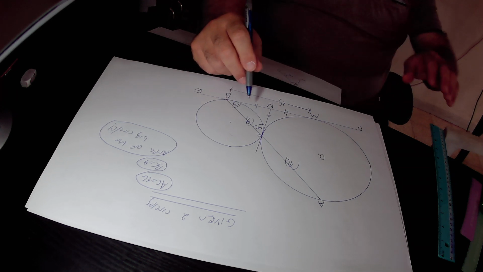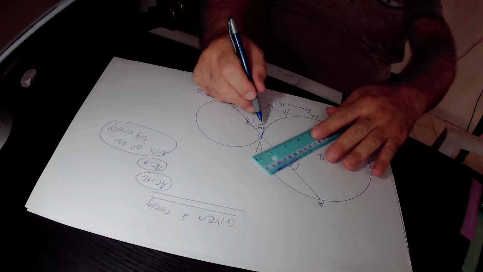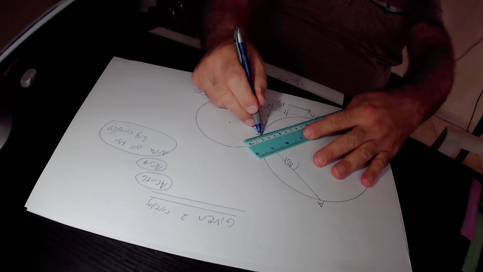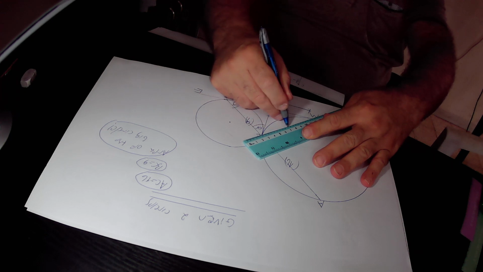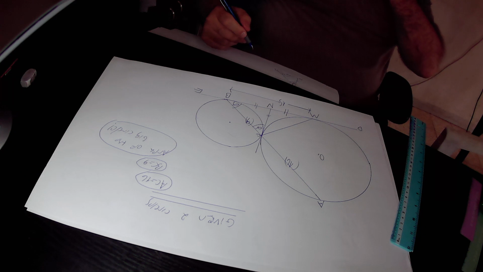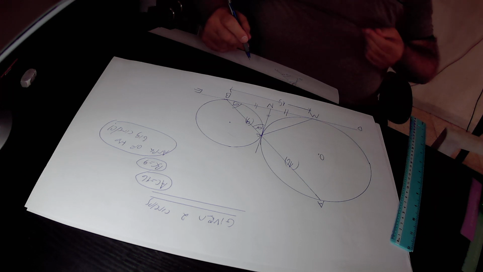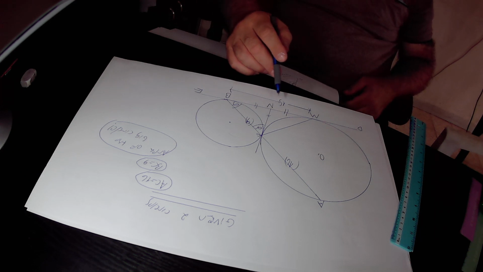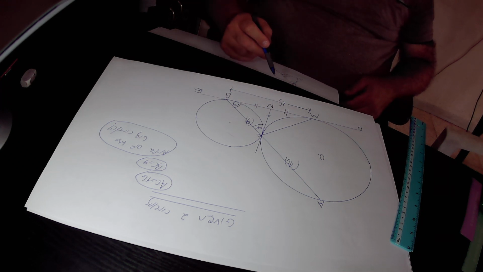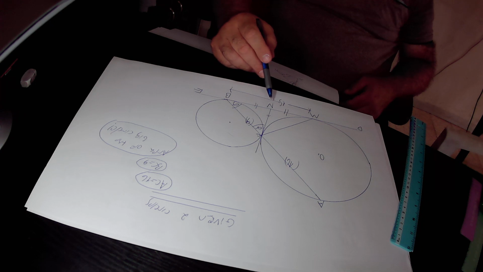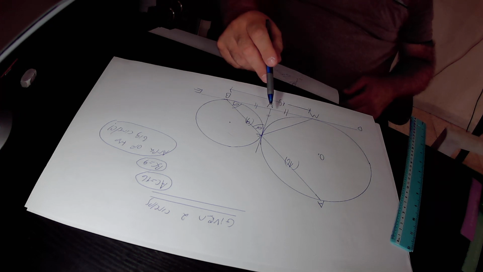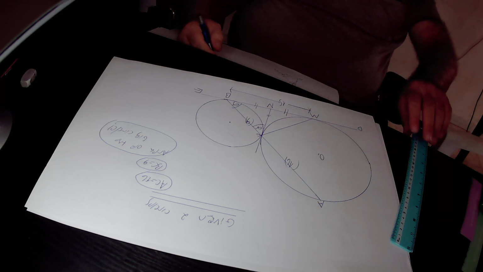In the next step, we join point C and M together by a straight line. By joining point C and M, we create a triangle CNM. And we already found out that CN equals NM. So I copy triangle CNM in a new page and we analyze this triangle CNM.